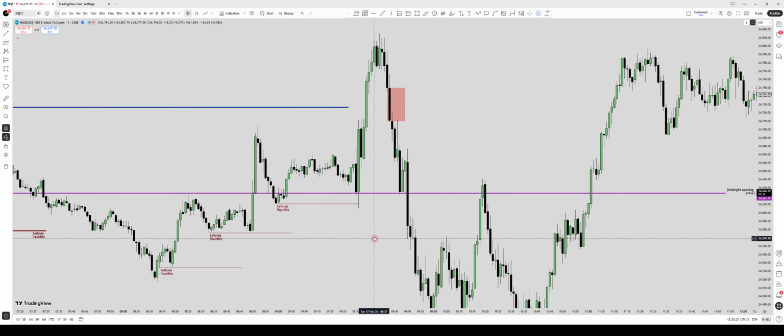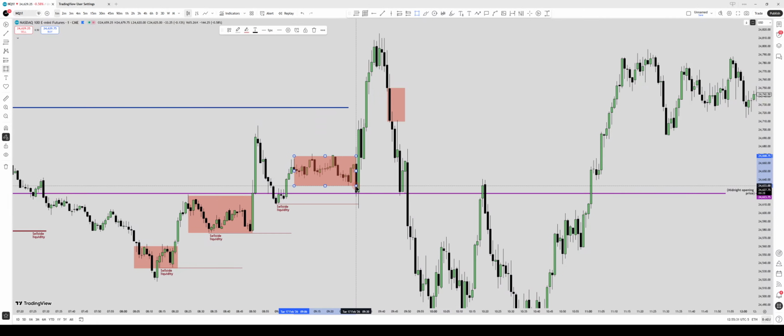What did price do? Smart money reversal. All right, original consolidation, accumulation stage 1, accumulation stage 2, smart money reversal, and then offering distribution phase 1, and then macro distribution phase 2.